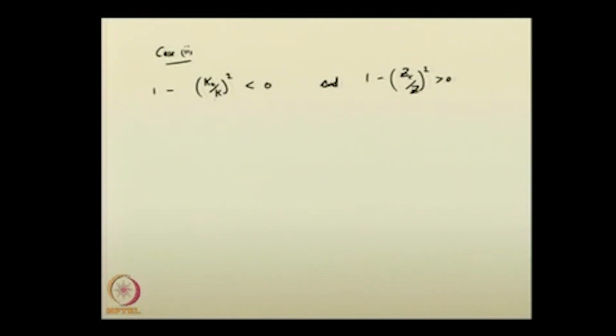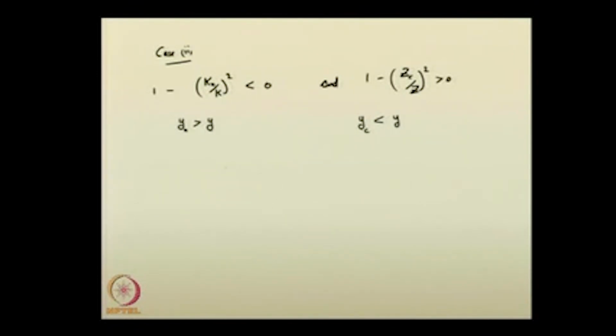The condition coming into the picture here is that your normal depth is greater than the actual depth of flow, then only this quantity k n by k can become greater than 1, right. And from 1 minus z c by z whole square greater than 0, the condition is that your critical depth should be less than your actual flow depth.